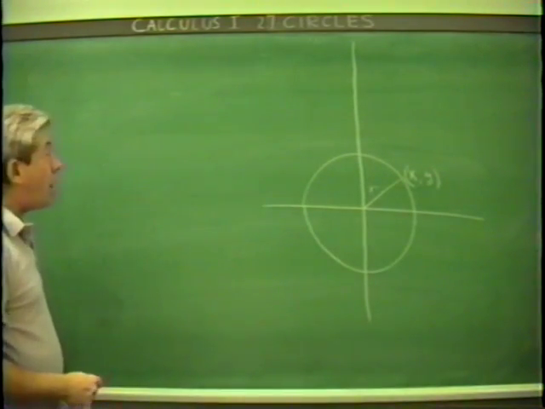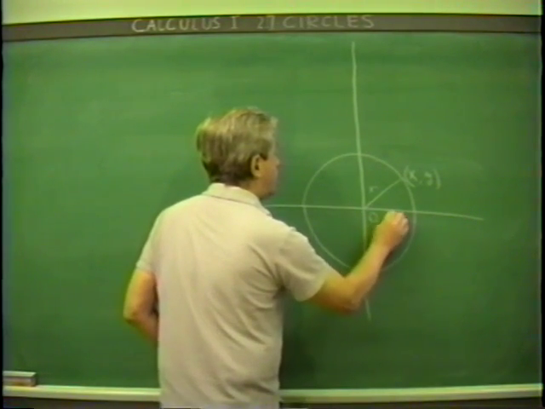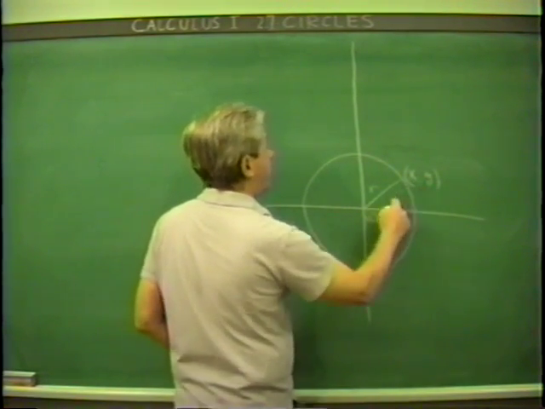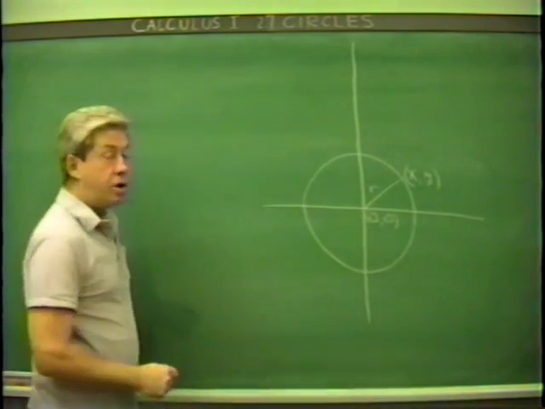What we want is an equation that tells you when points x, y belong to this circle. And we can do that very quickly by simply noting that the distance from this point x, y to the origin, which is the point 0, 0, is going to be r if the point is going to be on the circle.